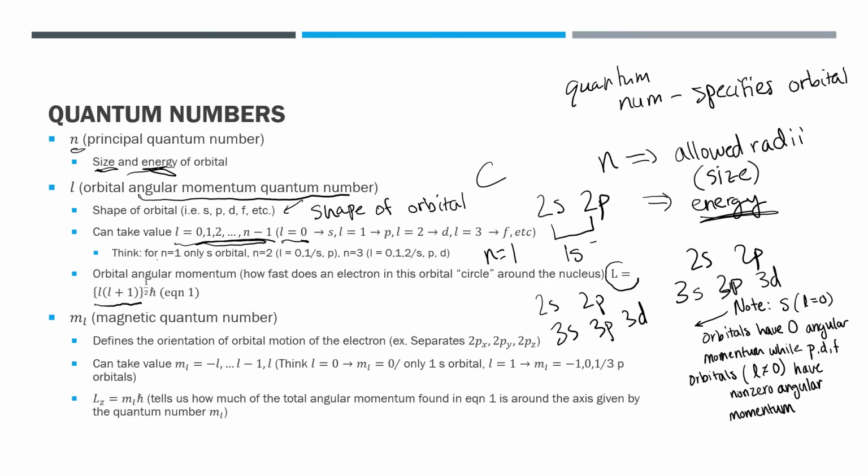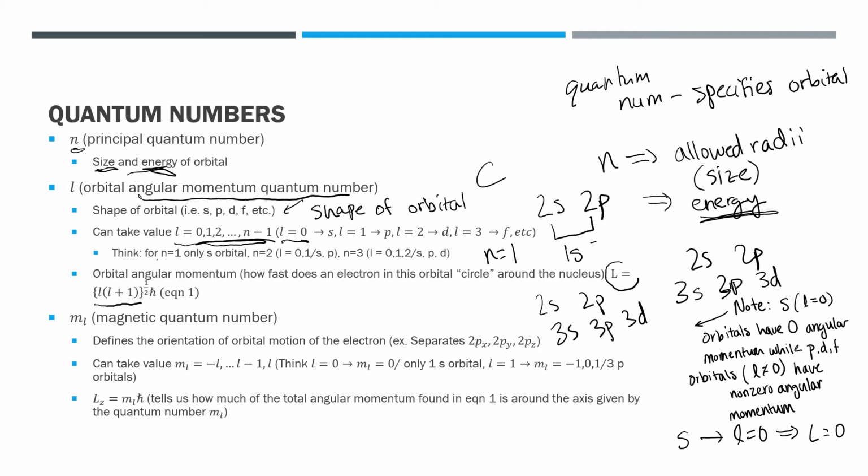One thing I want to talk about is the difference between the s orbital and the other orbitals when we look at the angular momentum. For s, we have L equals 0. And what does L equals 0 mean? If we plug 0 into the angular momentum equation, we get that the angular momentum is 0.